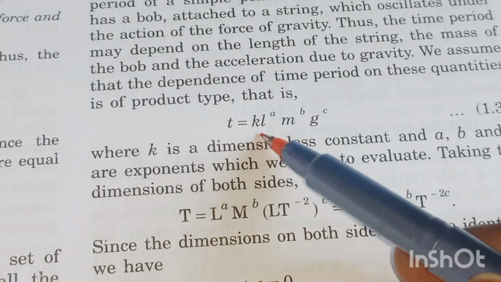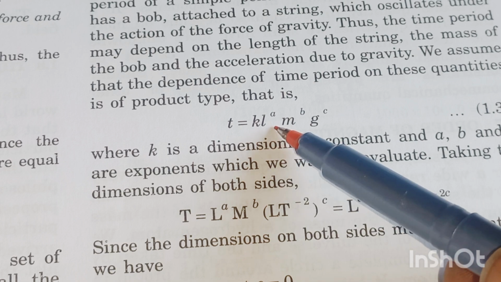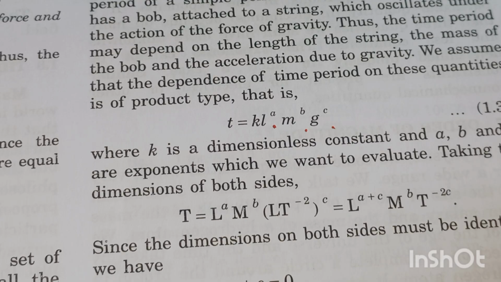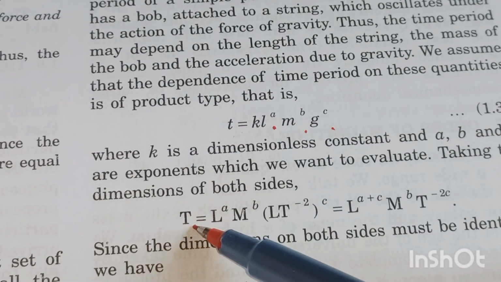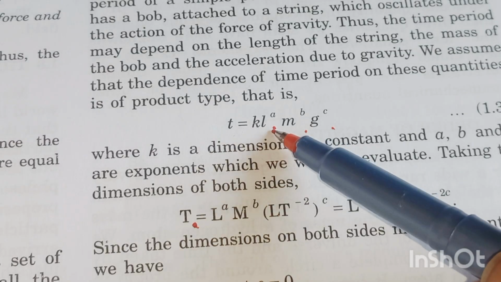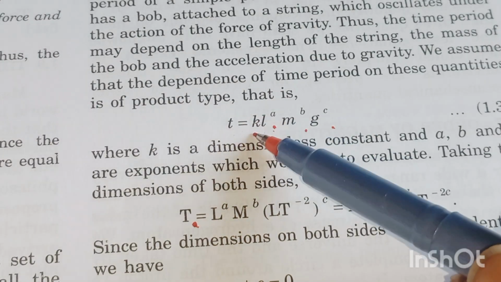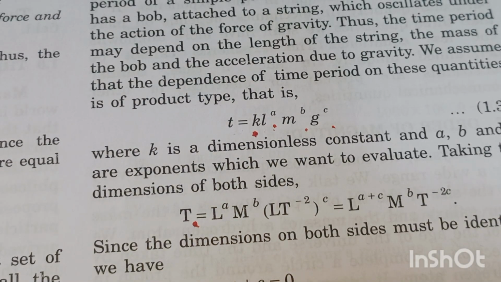So therefore the time of oscillations of that bob is proportional to length, mass and acceleration due to gravity. Okay. Now the time dimension is what? Capital T. L is what? Again K we will substitute afterwards. It is an experimentally proved value, we will substitute afterwards, and it is a constant value.